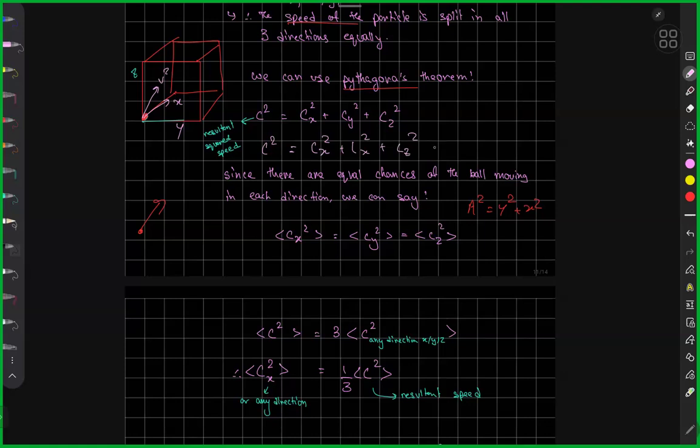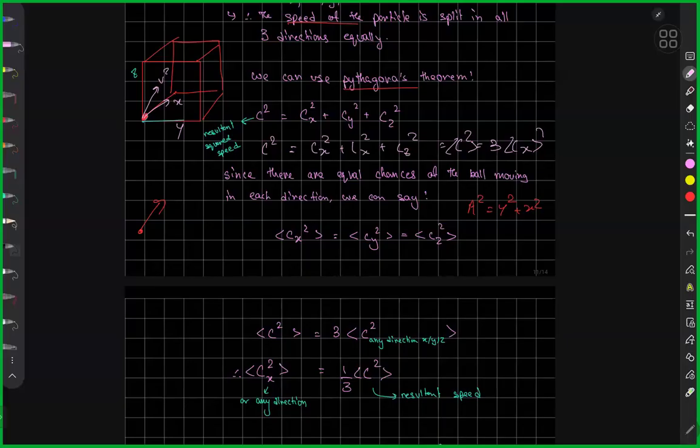Or I can also say it's equal to Cx square plus Cx square plus Cx square. Can I not say this? I can, because all of the components are equal, right? So I can also say C square is equal to simply 3 times Cx square. Can I not say this? Yes, I can, because all of the components are equal.